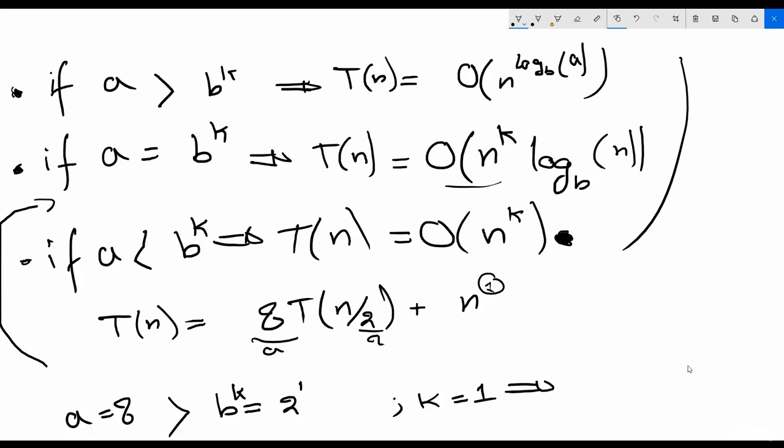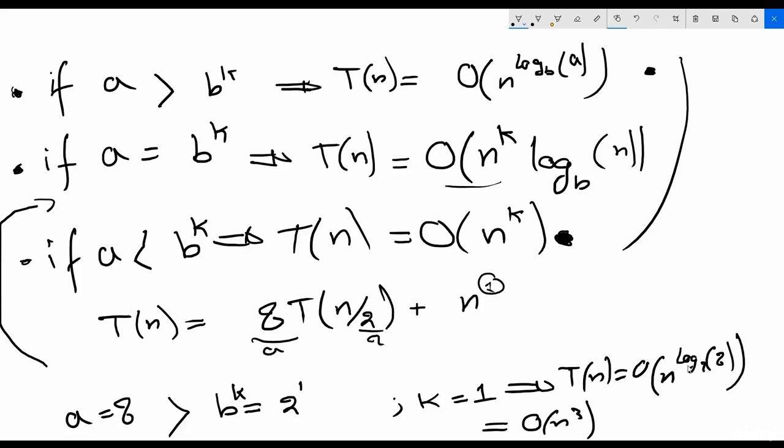So basically, the complexity of t of size n equals the first complexity here. So that's order n to the power of log b of a, log 2 of a. A is 8. So let's calculate that. The log 2 of 8 is 3, so that's order n cubed.